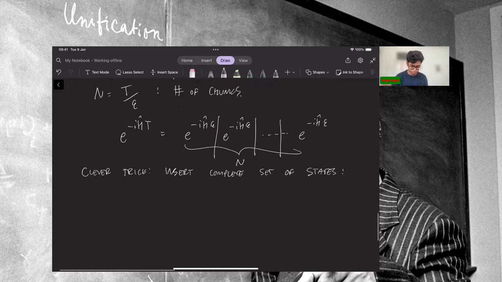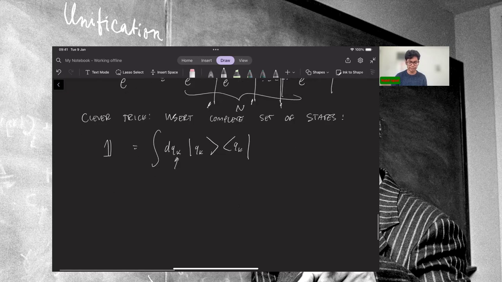In other words, I'm going to write the identity 1 as an integral over dq sub k, |q sub k> <q sub k|. We can always do this for any set of eigenstates of any Hermitian operator. You can always decompose the identity as an integral over this complete set of states. Now this k refers to which of these insertions I'm doing, so for example this is k n, this is k n minus 1, and so on. I'm going to insert one of these inside every chunk here.